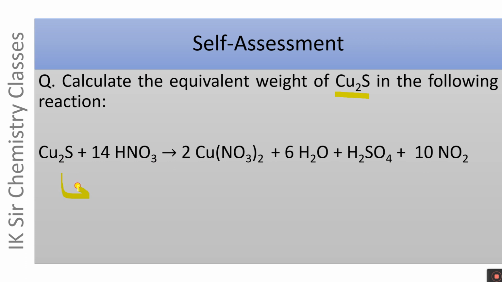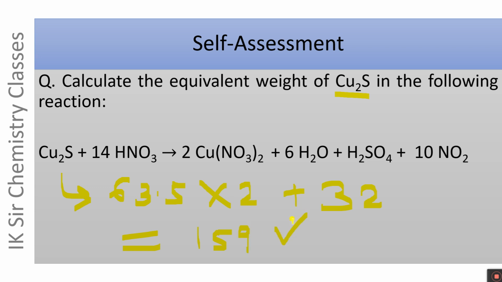Its molecular mass is 159. 63.5 is the atomic mass of copper, taken 2 times, plus 32, the atomic mass of sulfur, and on solving we get 159, which is the molecular mass of cuprous sulfide.